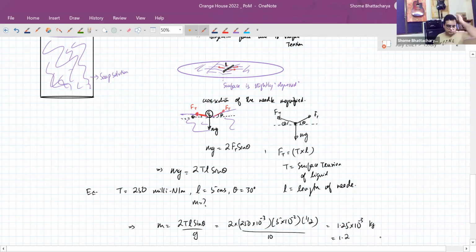Okay, so this is what I am getting as the mass of the needle from this calculation. You can just verify it.